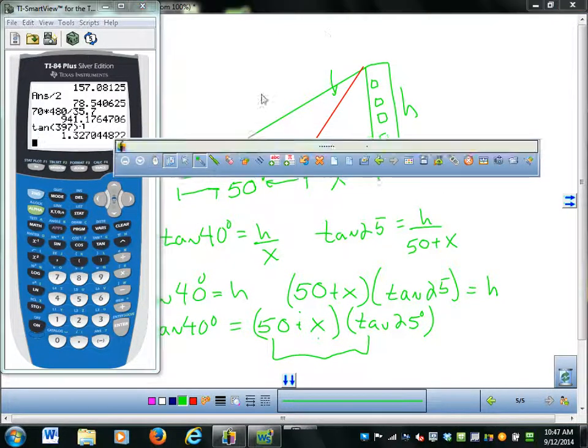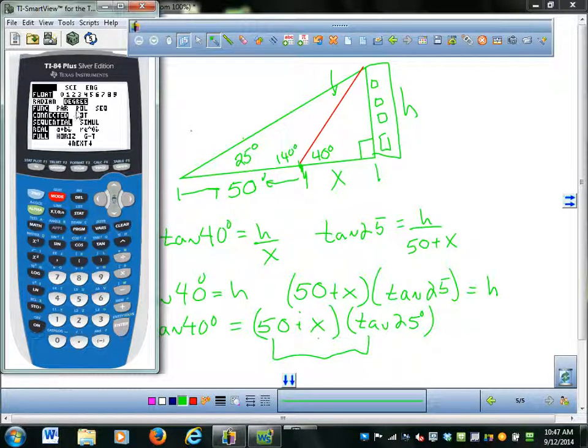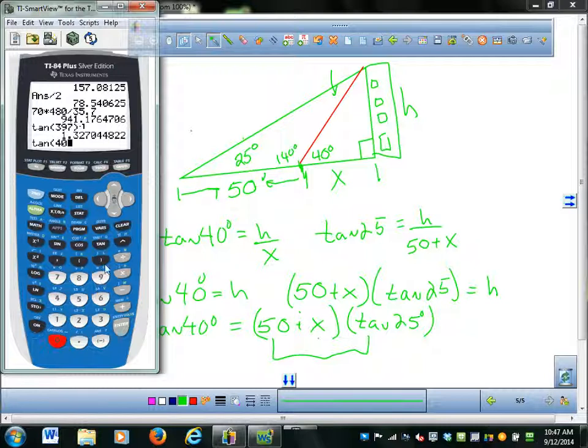So I'm going to go to mode. I think I was in radians before. Oh, I'm in degree mode now. I'm going to second quit. And so tan of 40 equals 0.839. And you want to take this to several decimal places, right?